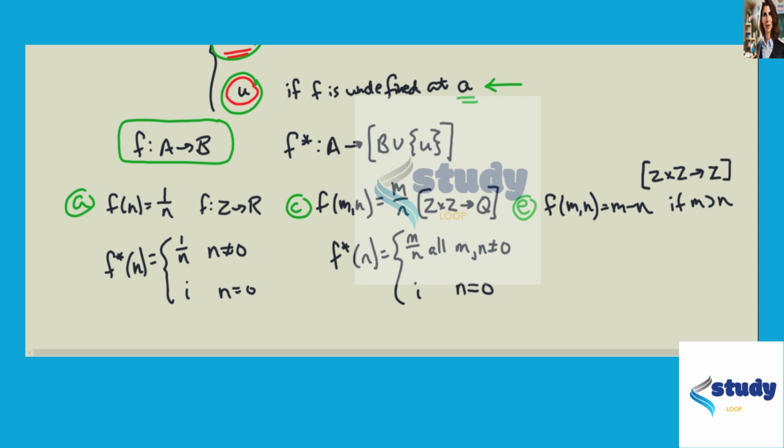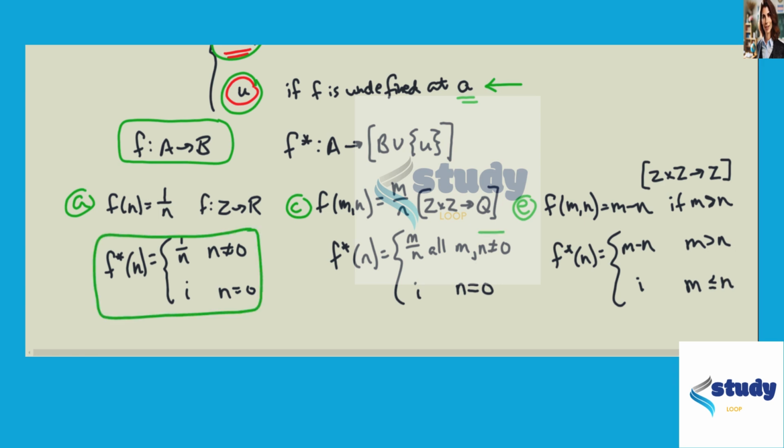Well, in this case, if I'm going to put together my f star function, for any m's and n's where it's defined, it will be equal to my function. For everything else, I'm going to let it equal i. And where is my function defined? Well, my function is defined for any m greater than n. It's undefined if m is less than or equal to n. So those are my 3 f star functions for the 3 partial functions given in exercise 79.